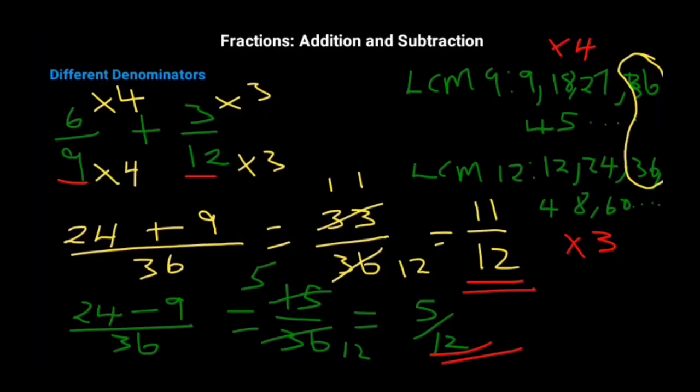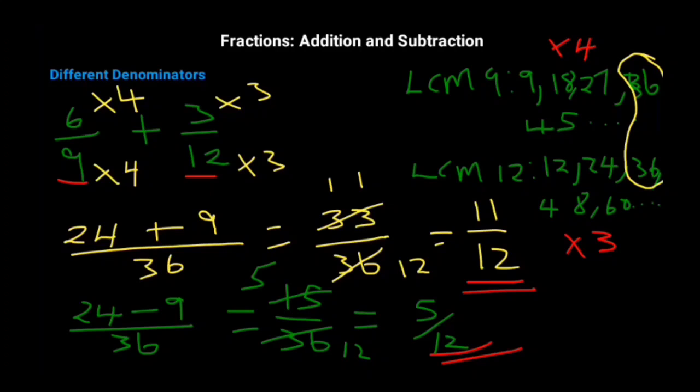So in summary of what we've covered just now, when we're dealing with the same denominator when adding or subtracting a fraction, then we add the numerators or subtract the numerators and the denominators remain the same. And that can be simplified further if our fraction can be simplified.